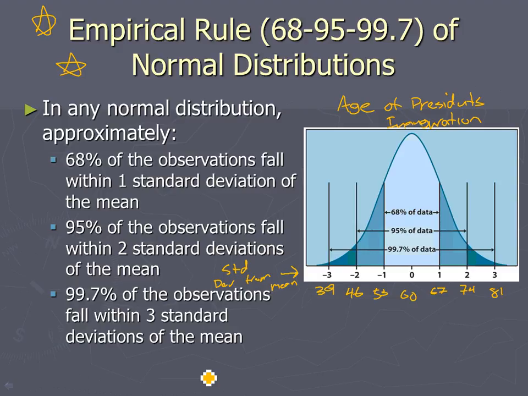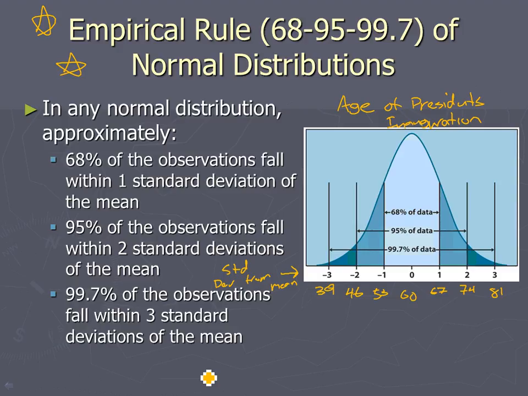Okay? Now we have that down. Here's where normal distributions are great. No matter what your data set is, if it's normally distributed, the percentage of your data points will always follow this empirical rule. So we have the age of presidents' inauguration, how old they were when they were first put into office. If I had something else that was normally distributed with maybe a different mean and standard deviation, these percentages would still be true for that other distribution.